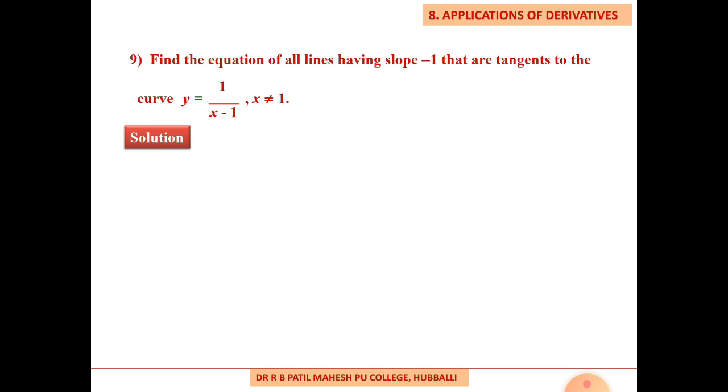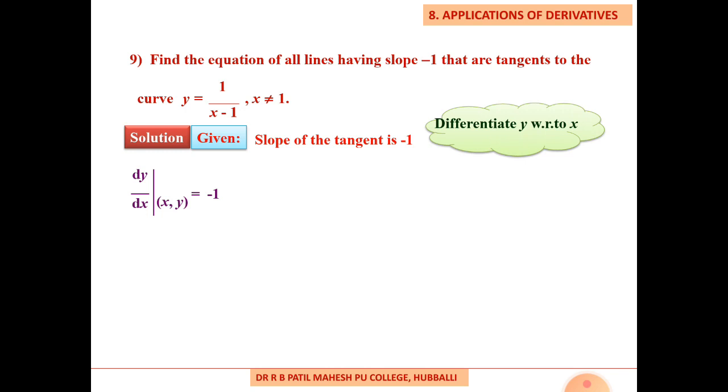In this example, start with the given term first. The slope of the tangent is given, that is minus 1. Therefore, dy by dx at (x, y) is minus 1.